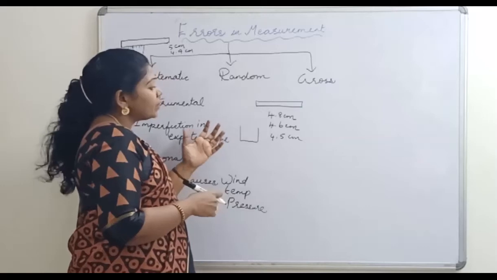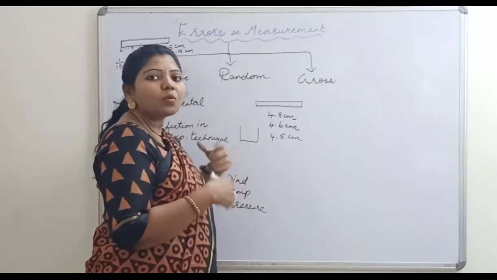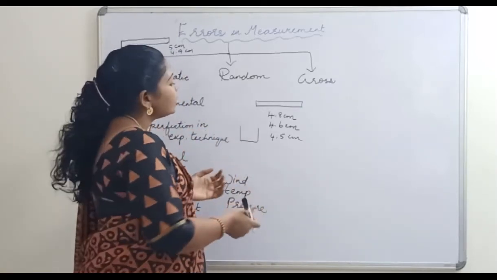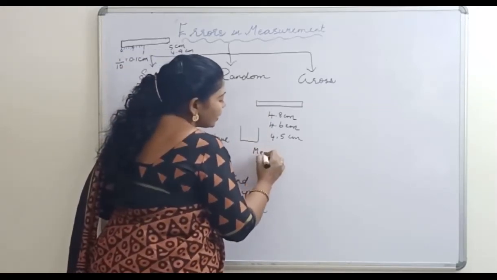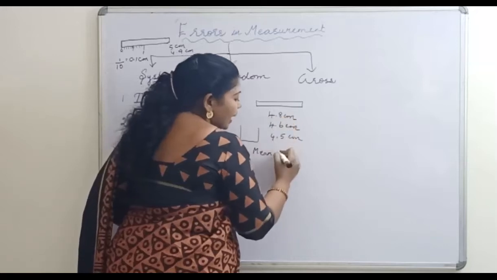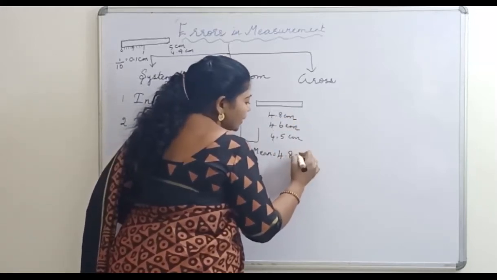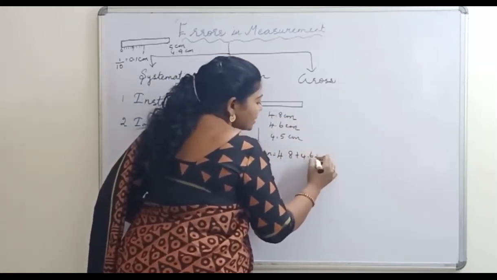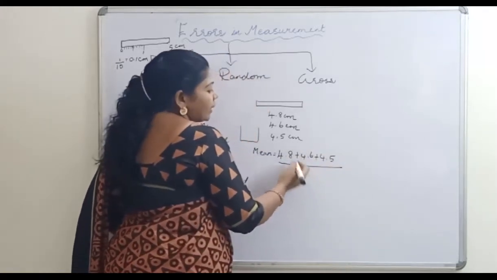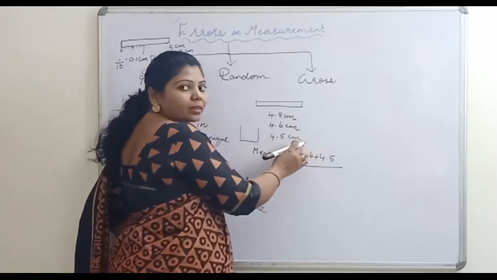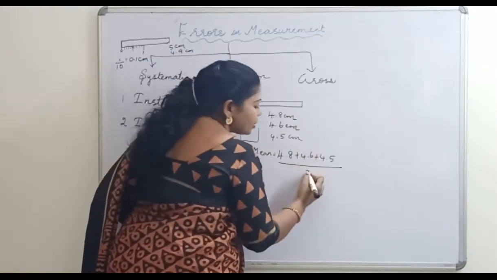And if you are getting different values, then what do we have to do? We have to take the mean value of these readings. How will you find the mean value? We have to add all these values, 4.8 plus 4.6 plus 4.5, divided by n. N means the number of readings you are taking. So 3 readings means we put 3.